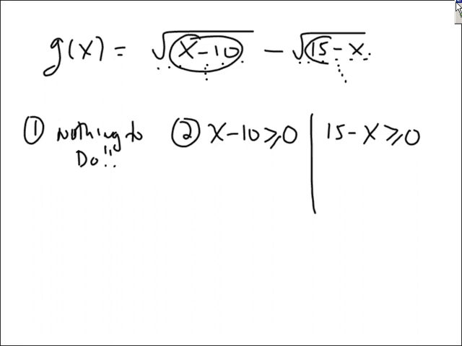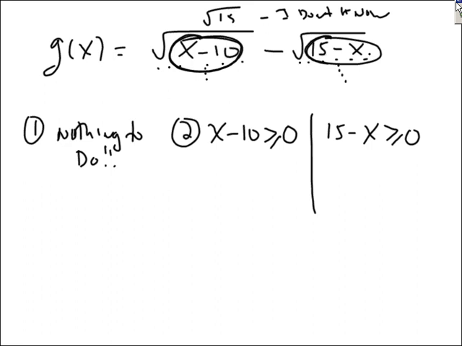For example, here, x can be 25. 25 minus 10 is 15. Square root of 15 is okay. But x can't be 25 here. I mean, the whole thing has to make sense. You can't say the square root of 15 minus 25, I don't know, because I don't know the square root of a negative number, makes sense. They both have to make sense.